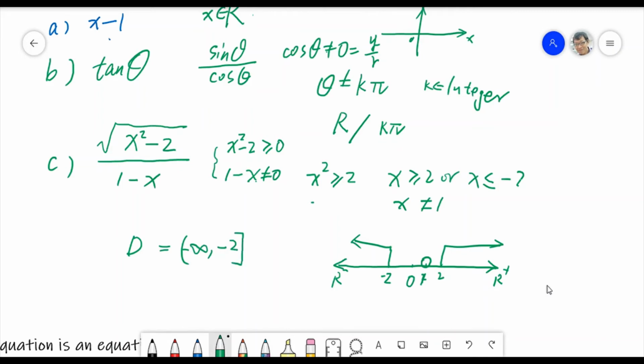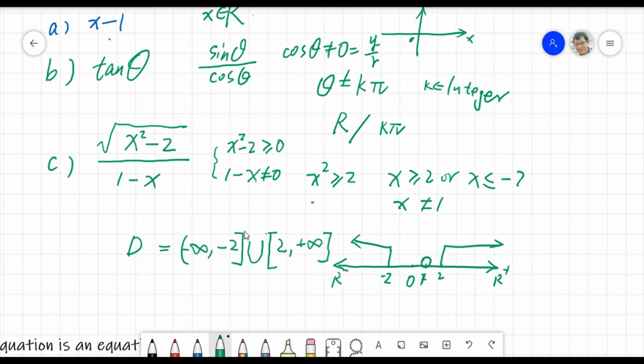And if you remember this sign in a set, union of what? Same bracket 2, and then we go to positive infinity. This is the domain of number 3, right? Okay, so now you get it.